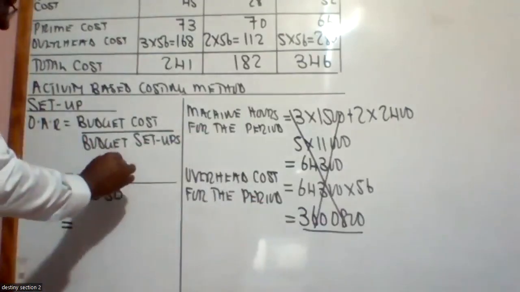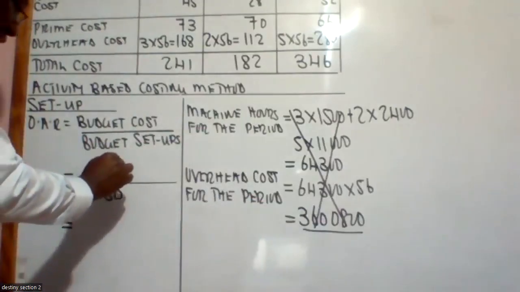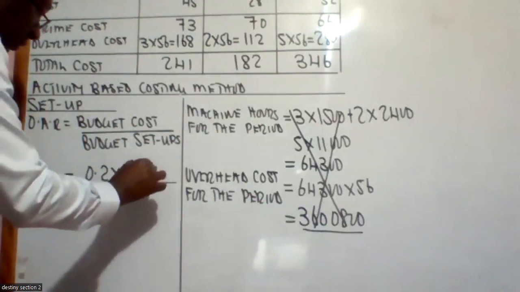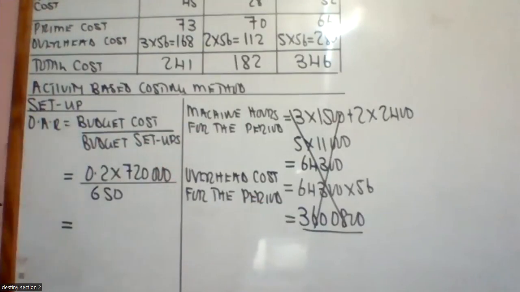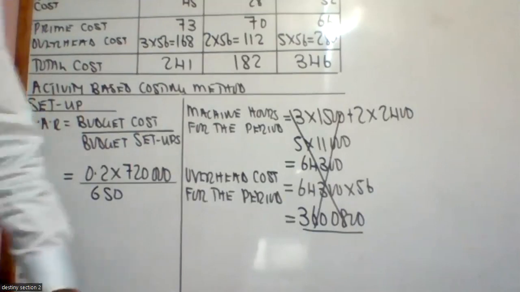Now we come back here, and say 0.2 times 720,000. You divide by 650. Give me the answer.